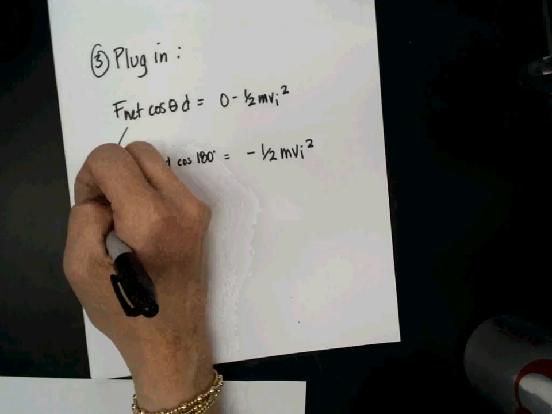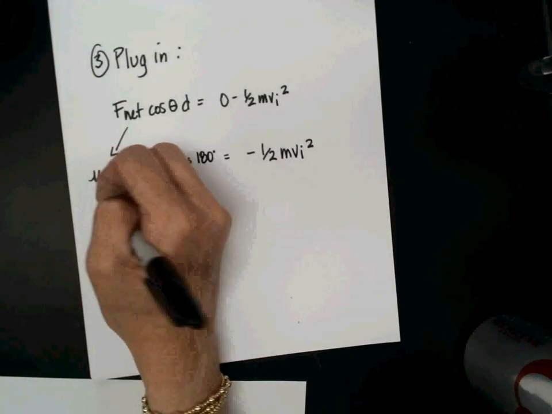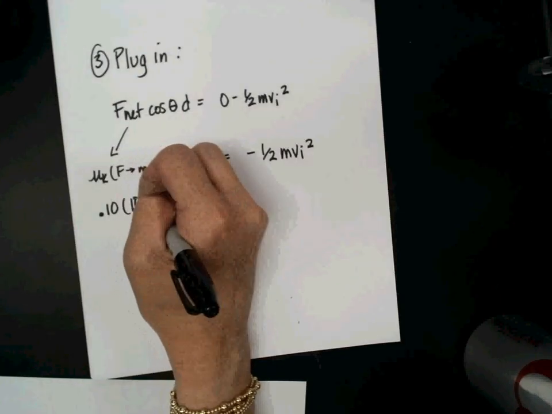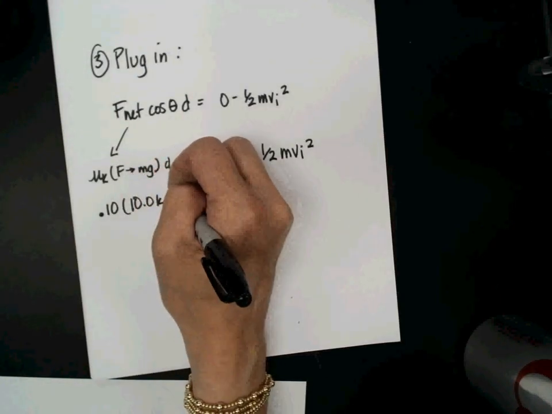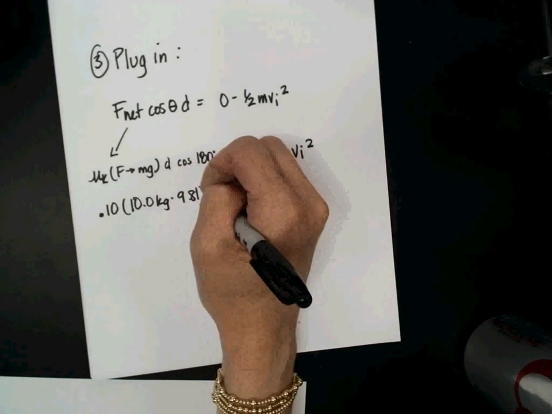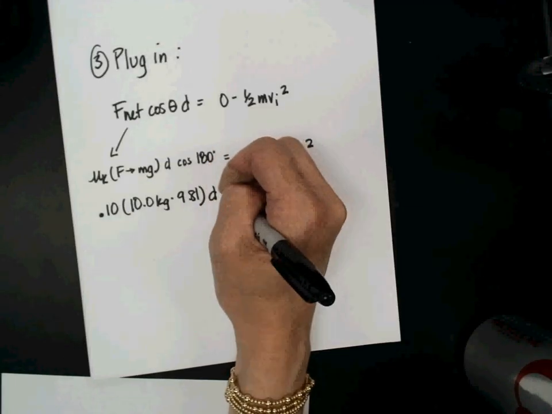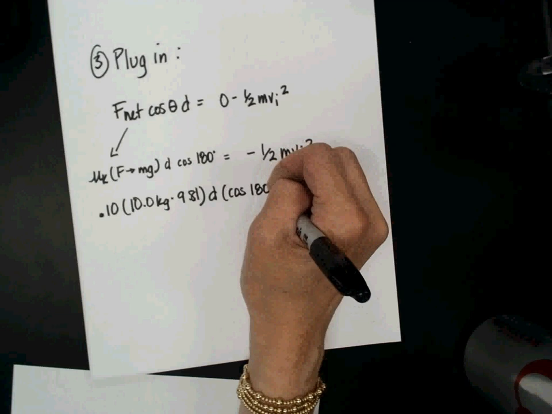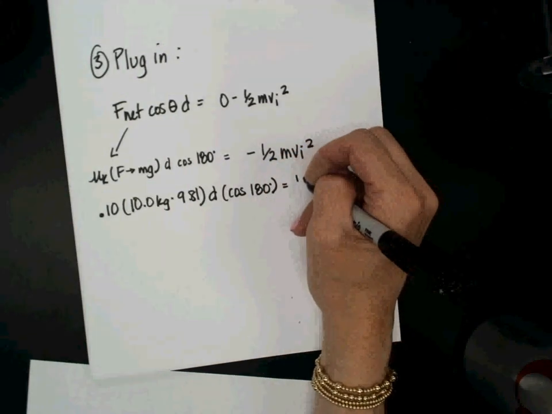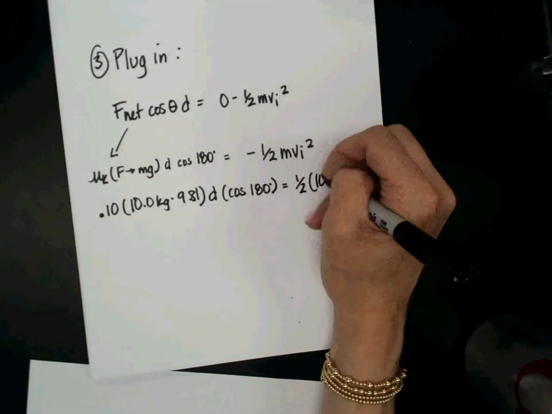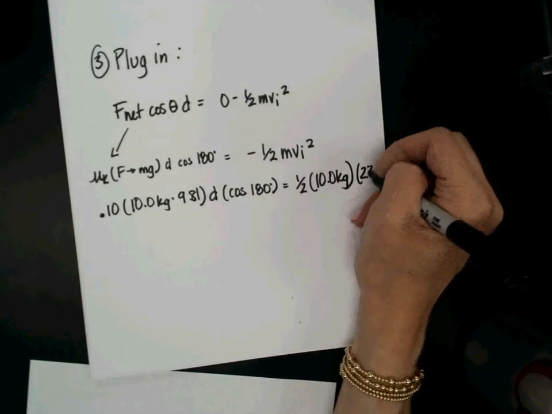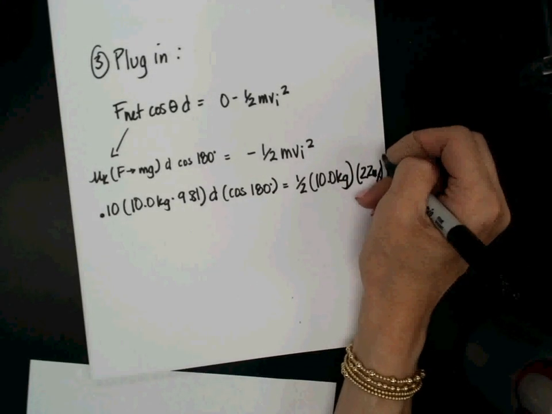So then I'm going to plug in 0.10 times 10 kilograms times 9.81 times D times cosine of 180 degrees equals 1/2 10 kilograms times 2.2 meters per second squared. I almost ran out of room.